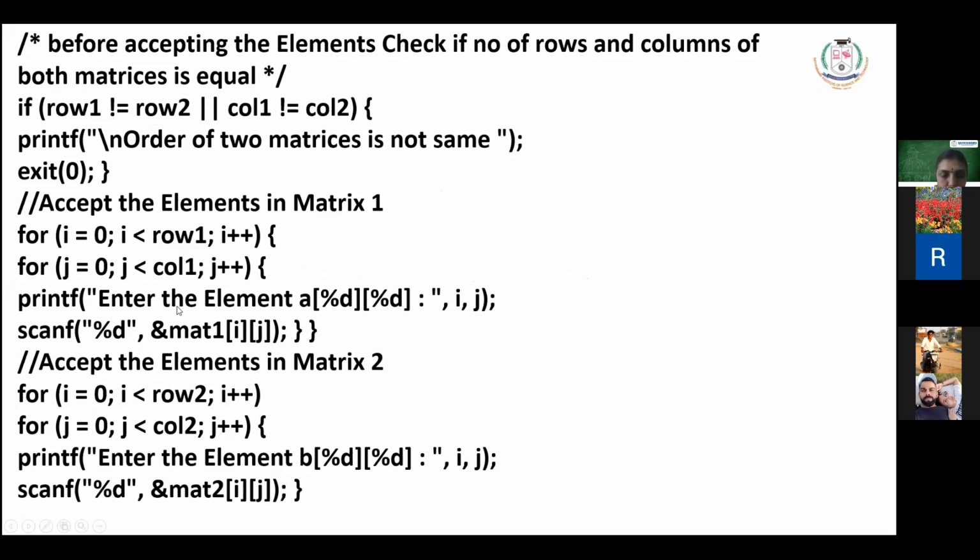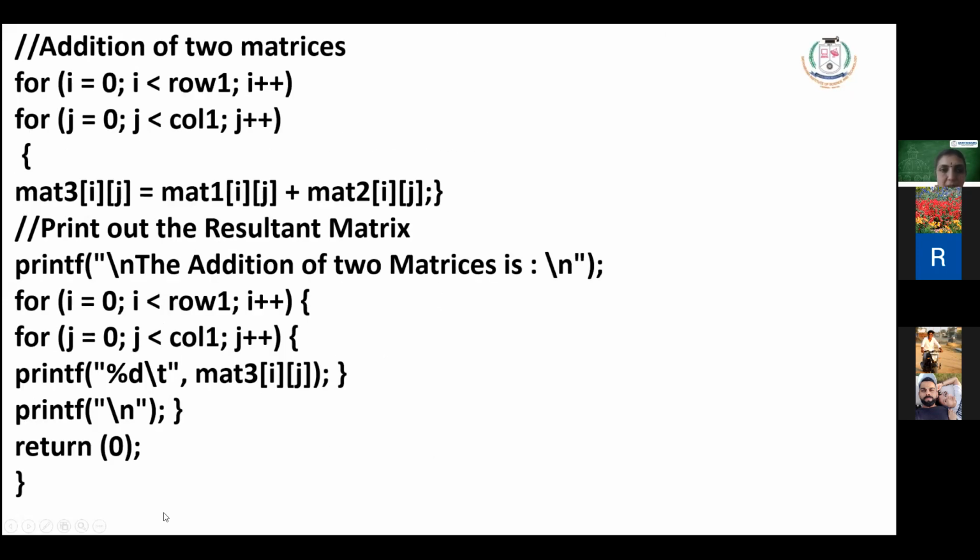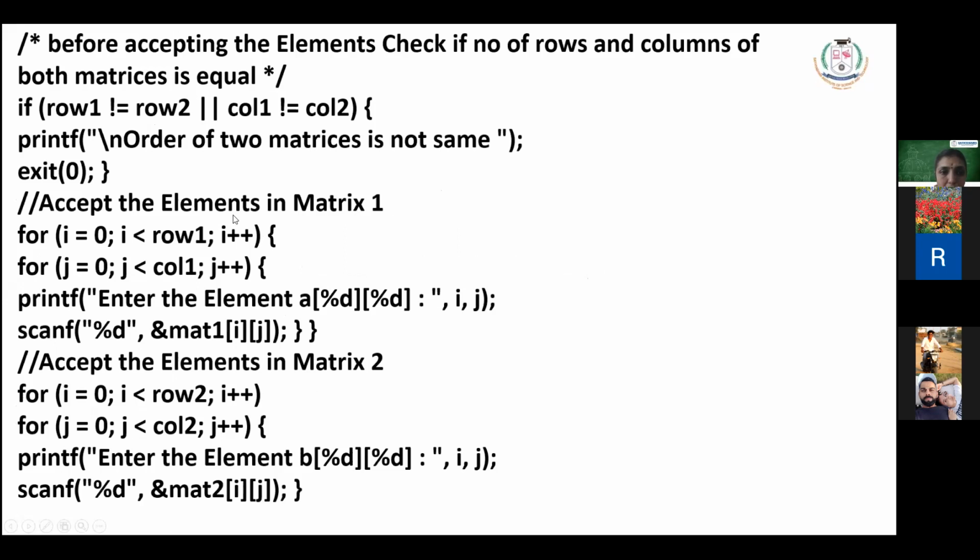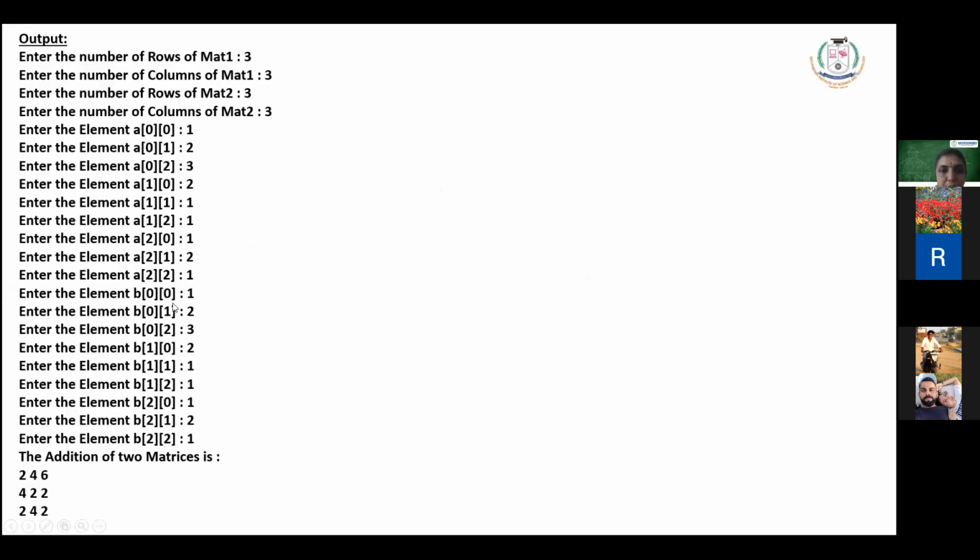If I remove it, I will go for reading only the matrix A, and finally it prints the values of these matrices. If I keep these statements, everything will be displayed as such.